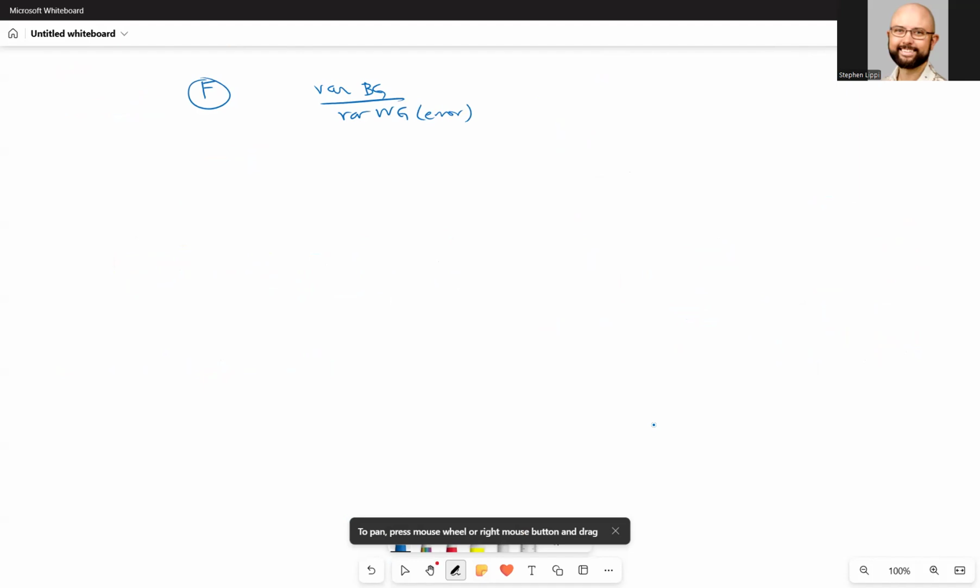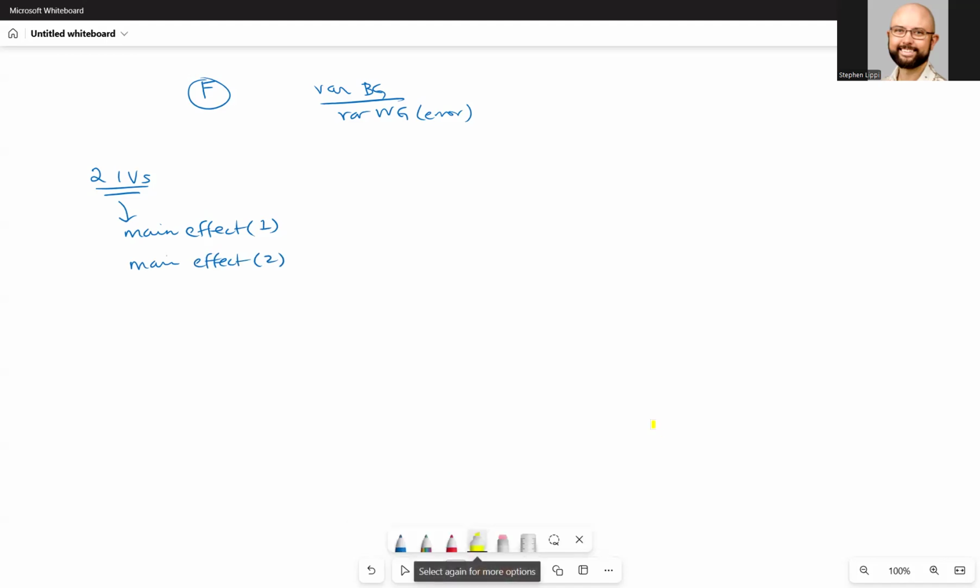Now, in a factorial ANOVA, a two-way ANOVA, we have 2 independent variables. This means that we're going to get a main effect of variable 1. We are going to get a main effect of variable 2. And when we say main effects, right, this is when we say that we are collapsing across the levels of the other.